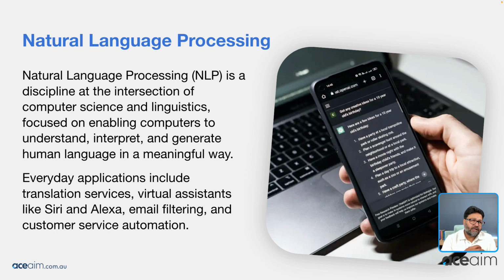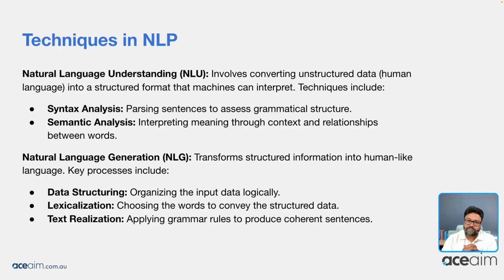Now let's learn a little more about natural language processing by understanding the different techniques that are used in it. First of all, let's divide natural language processing into two broader categories. One is natural language understanding, and the second is natural language generation.